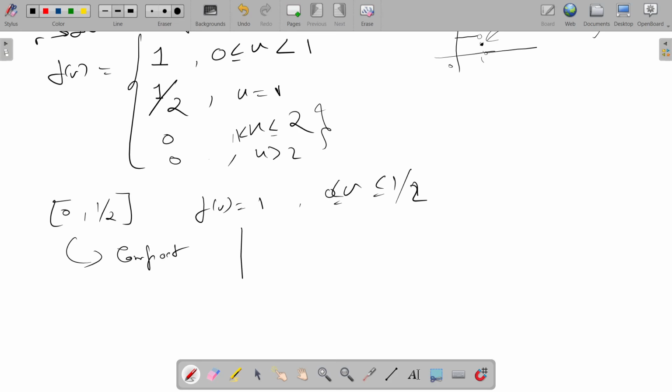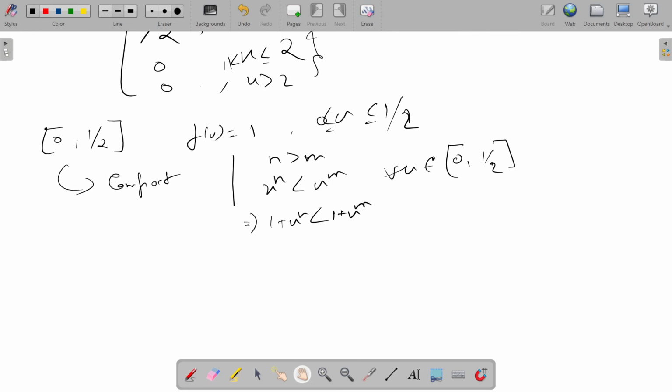Now to check this, say n is greater than m. Then x to the power n is less than x to the power m, since we are talking about this interval where x is less than 1. So this implies that 1 plus x to the power n is less than 1 plus x to the power m.